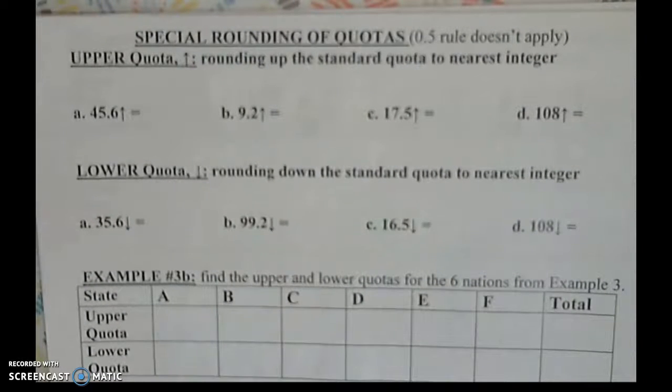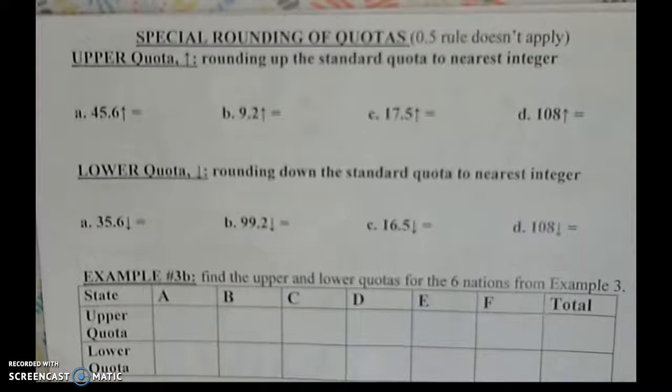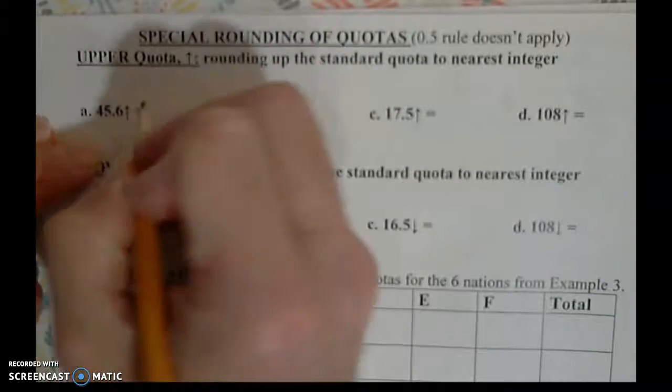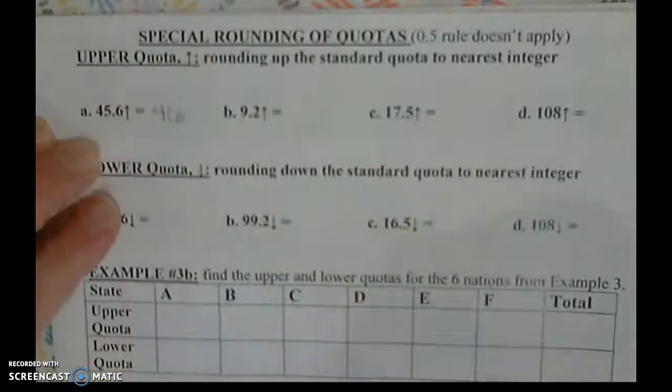And basically what the upper quota says is if it is anything above 45, so it could be 45.01, that's still above 45, and if there's a decimal at all, you round up. So 45.6, obviously, by general rounding rules, rounds up to 46.